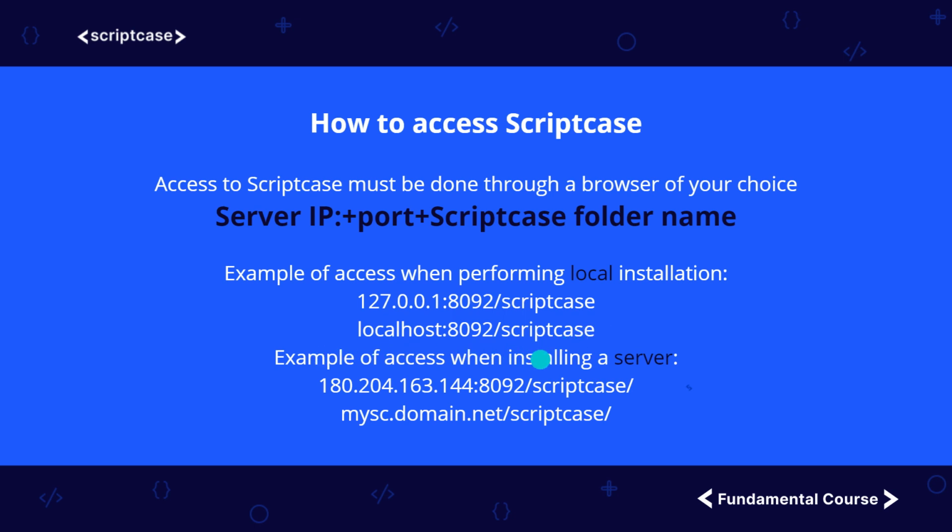For a Scriptcase online on a web server, you can use your domain, then port and folder name, or simply you can also use the IP, then port and folder name.